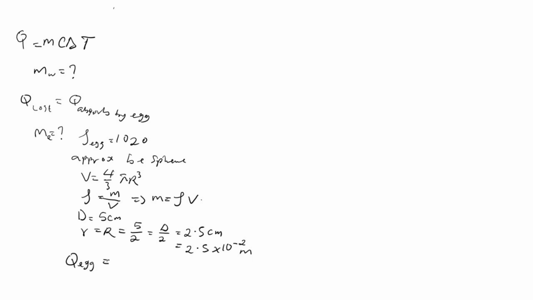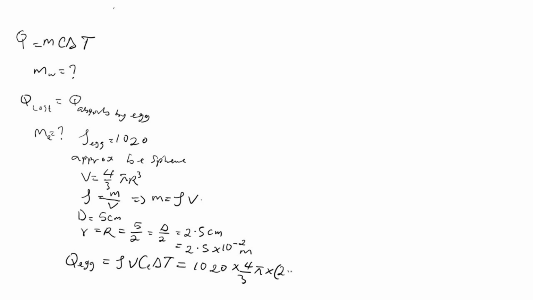So this is now equal to, our mass will be substituted by rho v, and rho v, then we have the specific heat capacity of egg, then multiply by the change in temperature of the egg. So our density of egg is 1020 kg, multiplied by the volume, which we obtain to be 4/3 pi r cube.